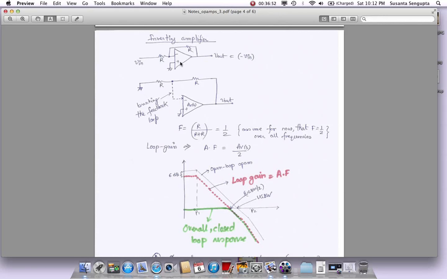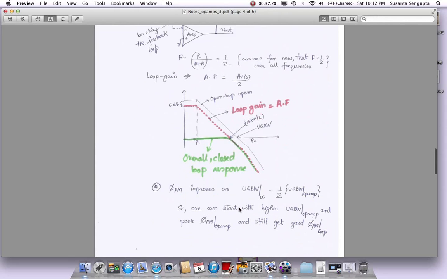Do not design just the op-amp by itself. You have to design the system where the op-amp is a sub-block with all the feedback elements around it, and then design the op-amp based on that. This is one of the first side effects in this case: the unity gain bandwidth of the closed loop system of the loop gain is actually half.